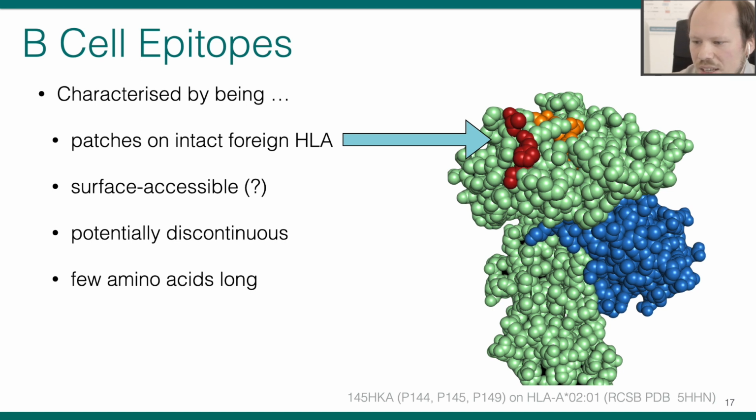And they do not necessarily need to be linear or continuous. As you can see here, these positions 144, 145 and 149 are not necessarily next to each other one by one, and they are rather short or small actually. When it comes to surface accessibility, well, it's not entirely understood.